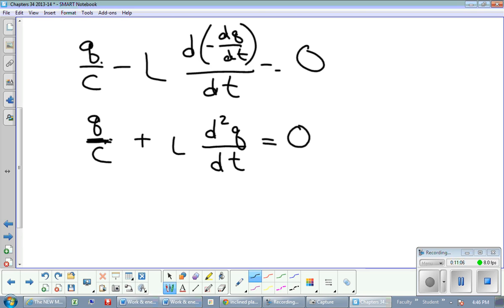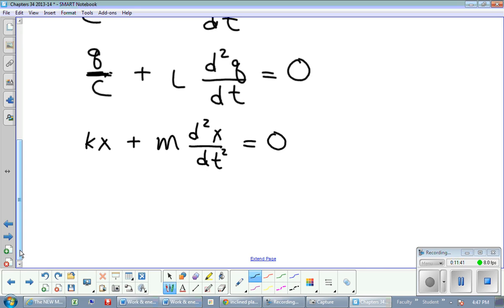And the equation that we came up with there was something like kx plus, and then we had ma, but we wrote a as the second derivative of position. This is a Newton's law equation. It's actually very similar, except instead of a variable x in mechanical systems, we use a variable q in electrical systems. So our solutions are very similar too.